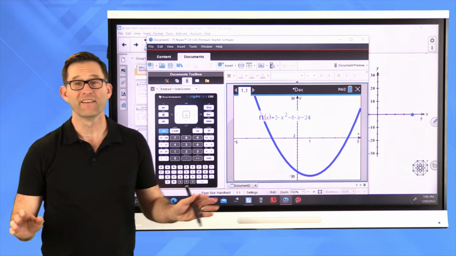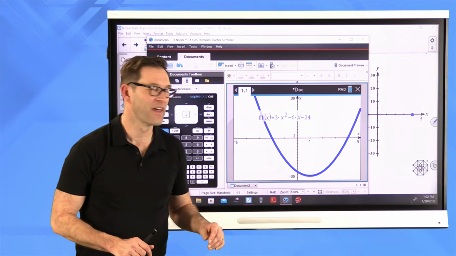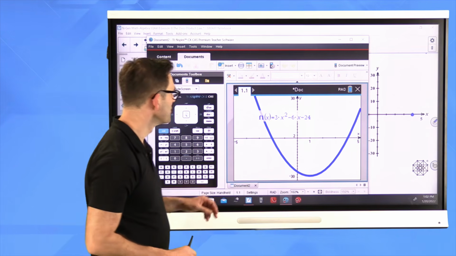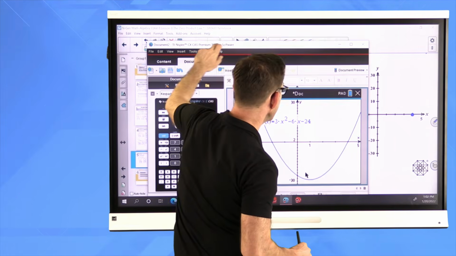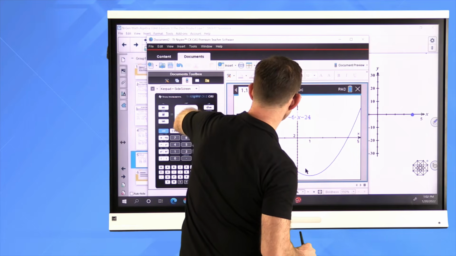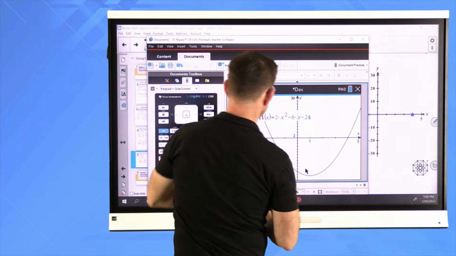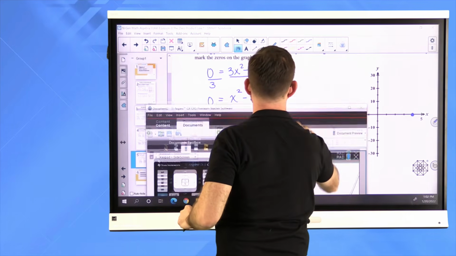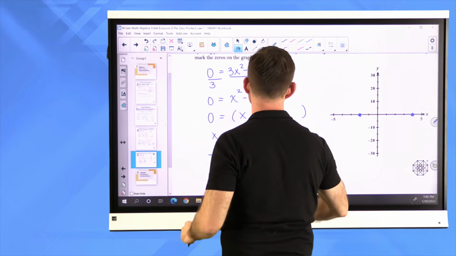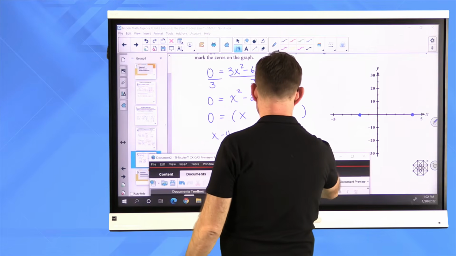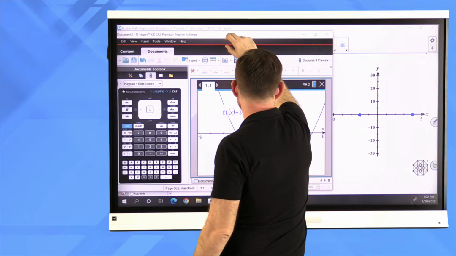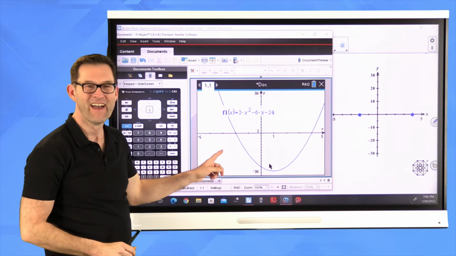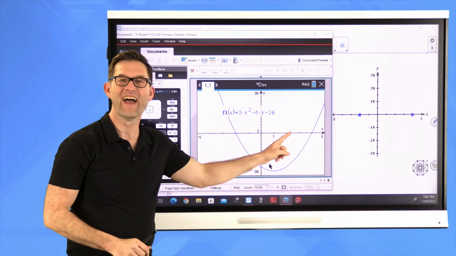All of that I did just to verify that I would in fact have my zeros where I wanted them, right? Those zeros happening to be at x equals -2 and x equals 4.